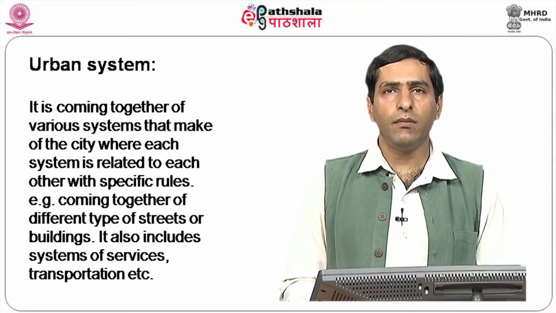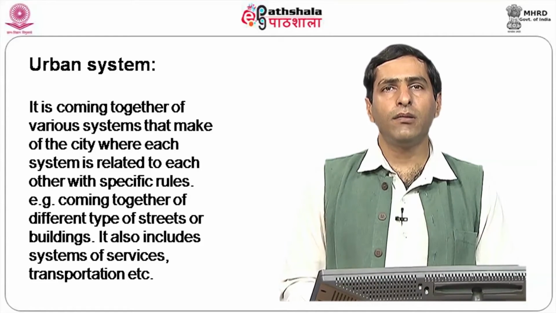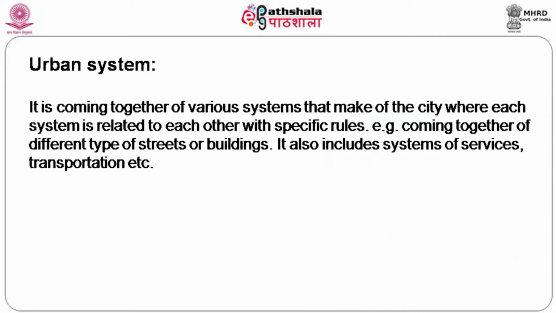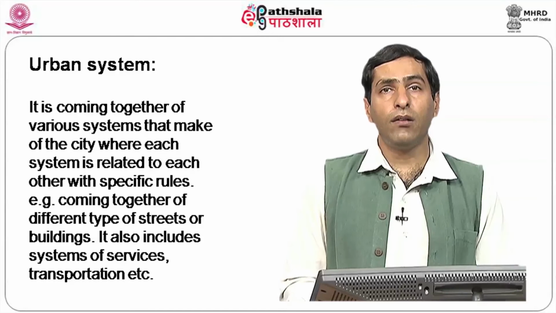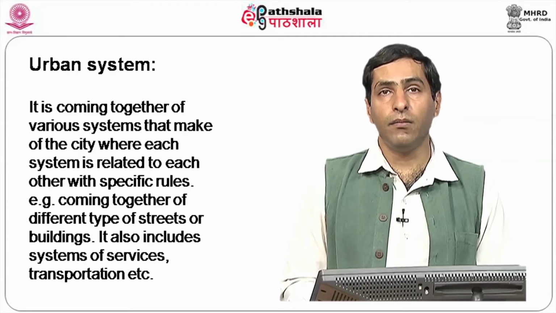All of this becomes part of an urban system. But an urban system also includes other sets of relations, for example, the manner in which goods stored in warehouses outside the city reach us at the level of dwelling, which also constitutes what we call an urban system.